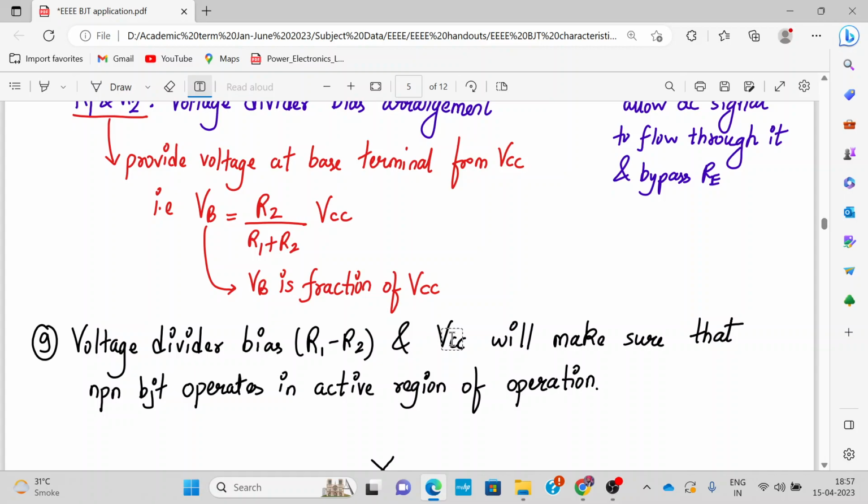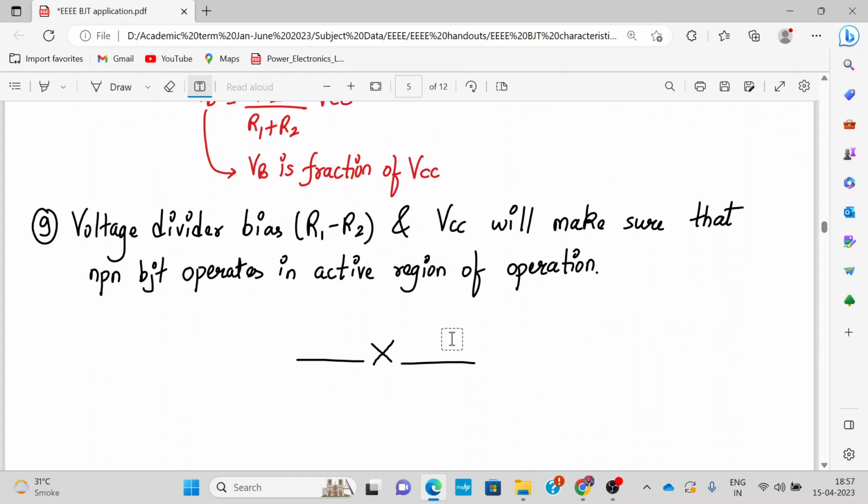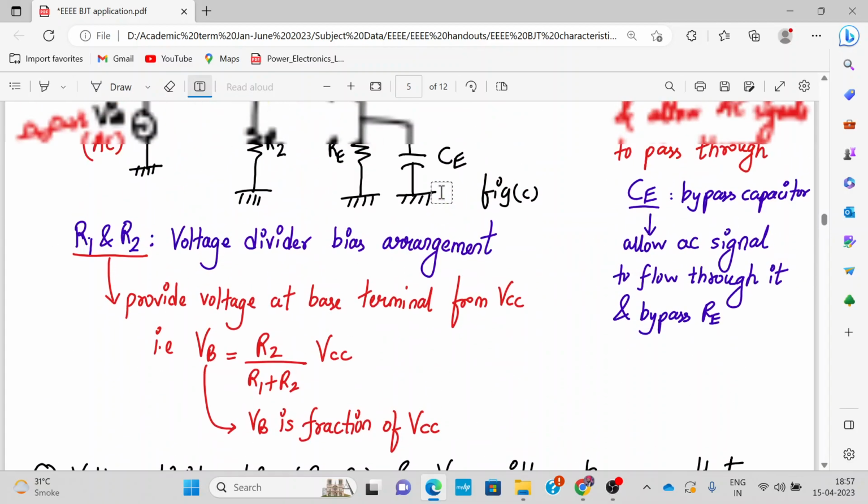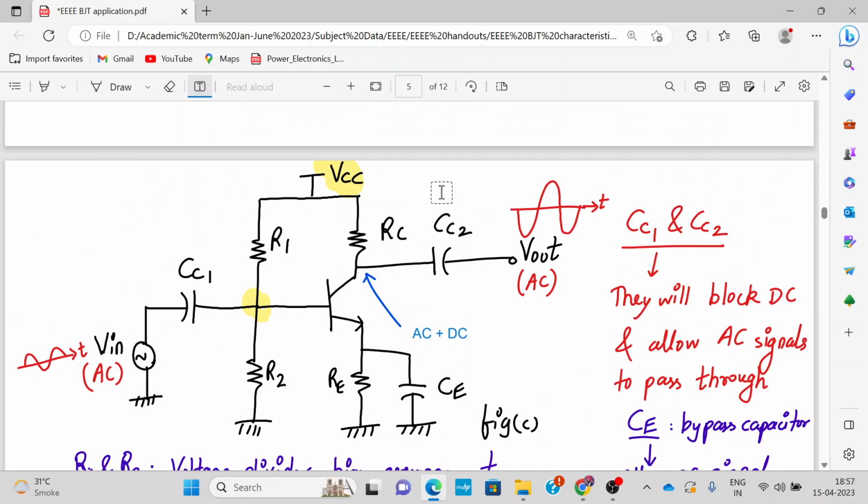So your voltage divider bias R1 and R2 and VCC supply will make sure that your BJT is operating in the active region of operation. Once the BJT is operating in the active region, the small time varying signal V in will be applied over here, and it will produce small fluctuations in the input base current.